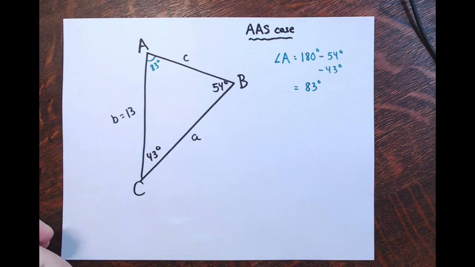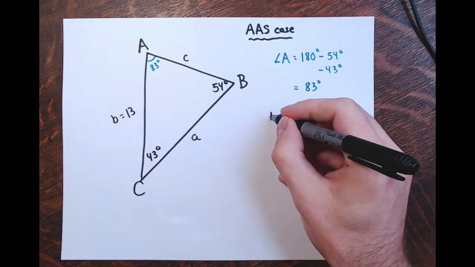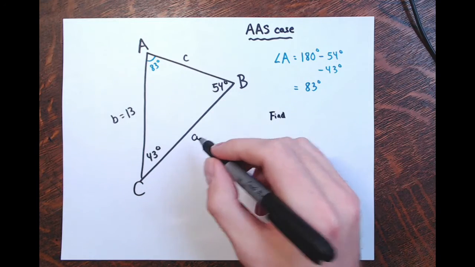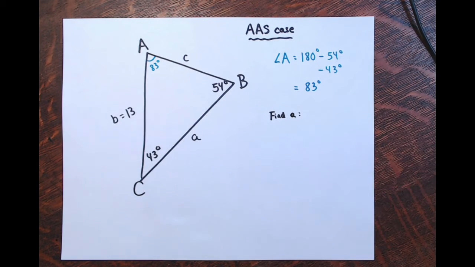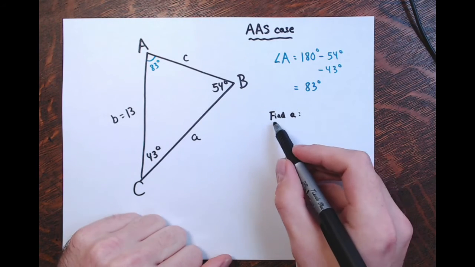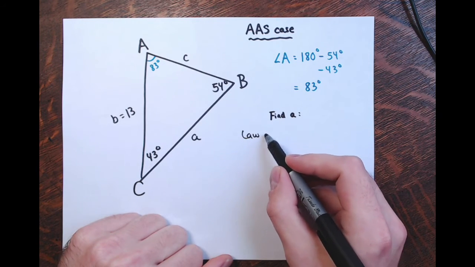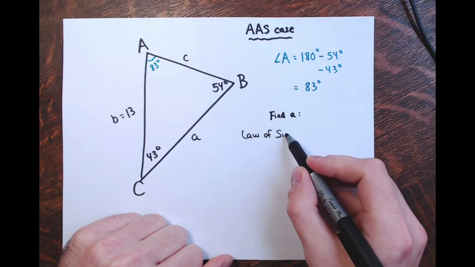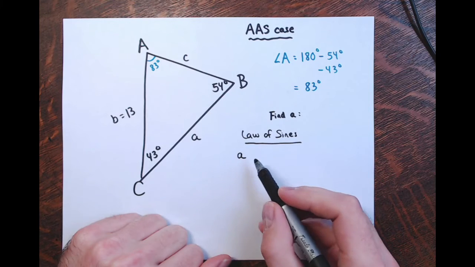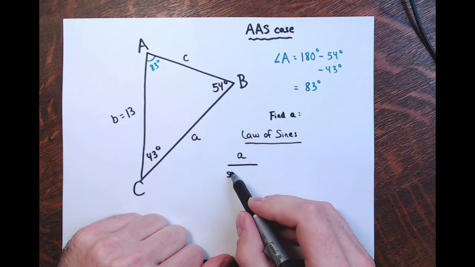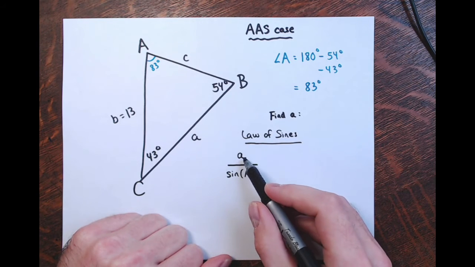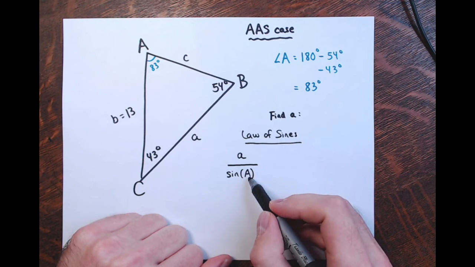Now we're going to use the law of sines. Now that I have angle A, I should be able to find side little a. The law of sines states the following: side little a divided by the sine of angle A, basically the ratio of a side to the sine of its opposite angle.